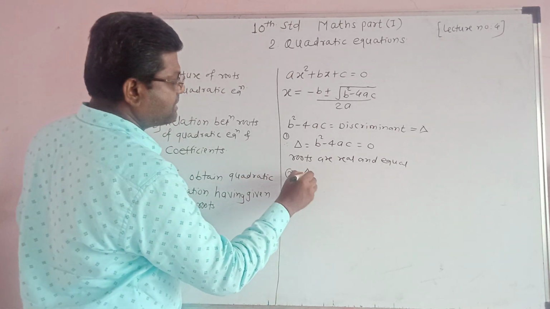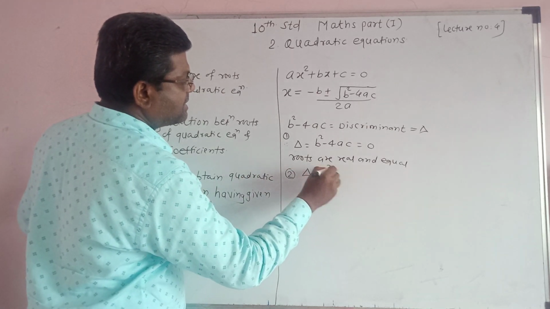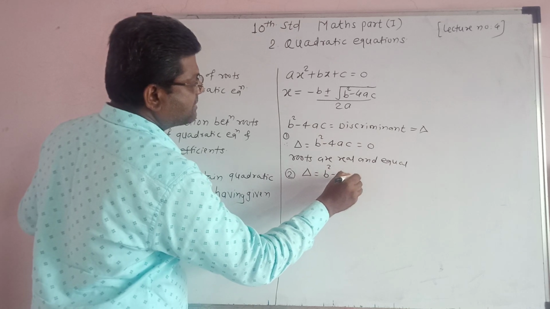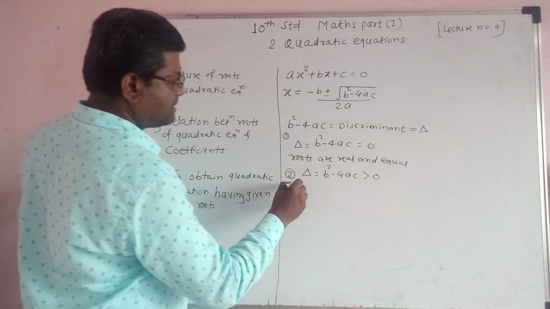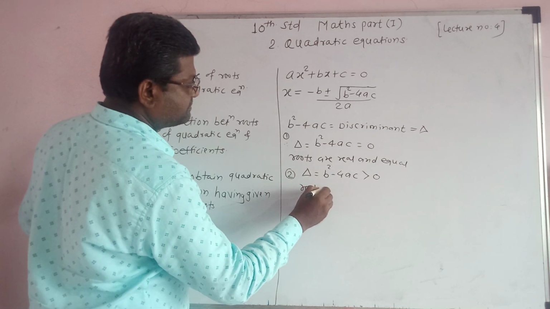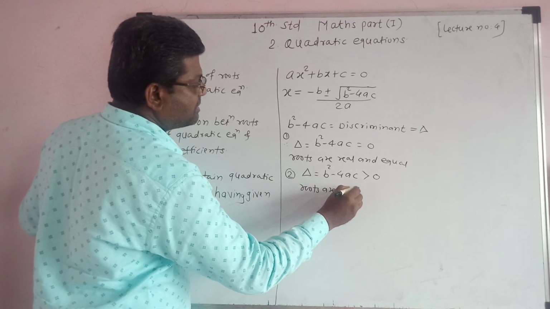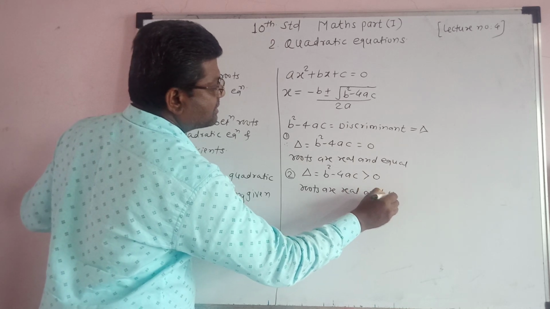If the value of discriminant, that is delta = b² - 4ac, is greater than 0, then roots are real and unequal.